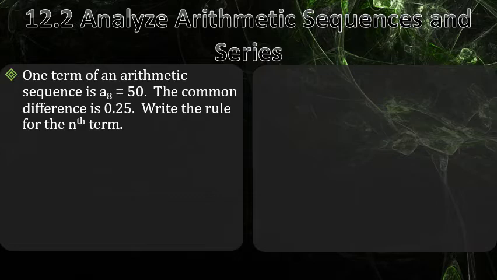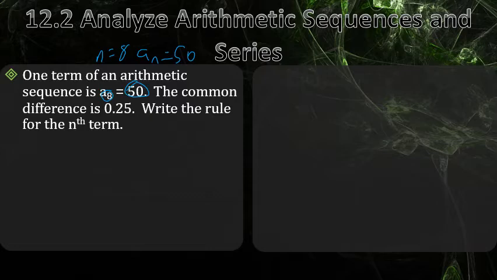One term of an arithmetic sequence is A8 equals 50. The common difference is 0.25. Write the rule for the nth term. Well, we have to decide what we know. What we know is when n is 8, an is 50.